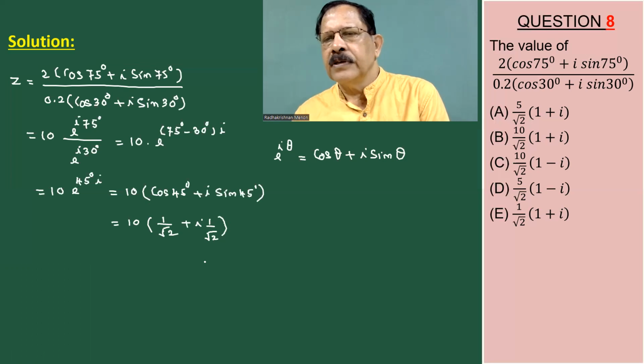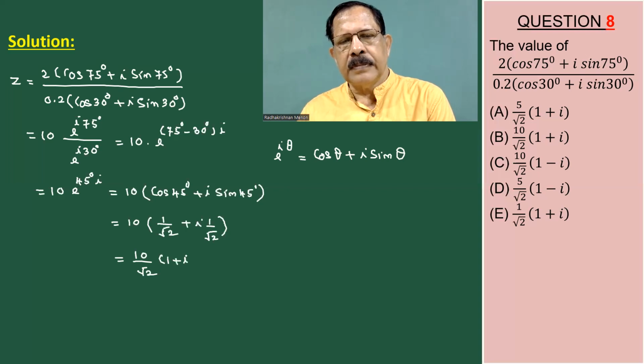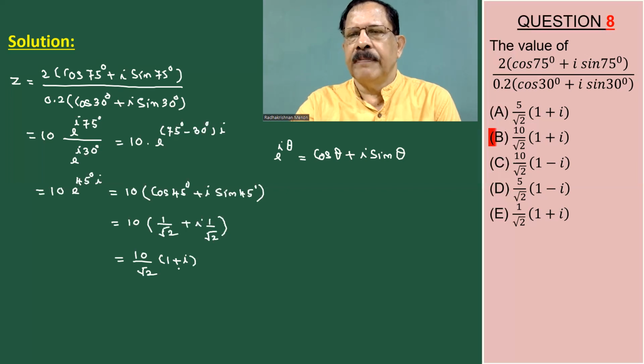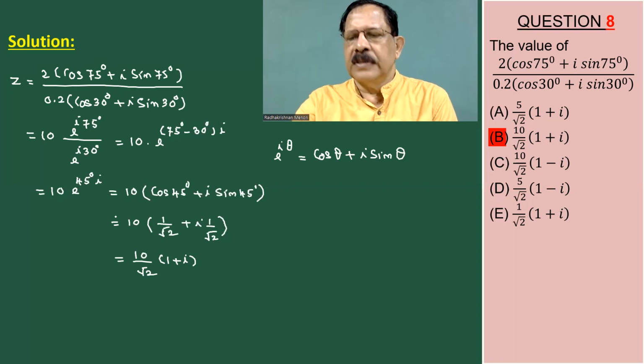Again, you can take root 2 as LCM. So 10 by root 2 into (1 plus i). 10 by root 2 into (1 plus i) is there in the options. Option B. So this is question number 8.